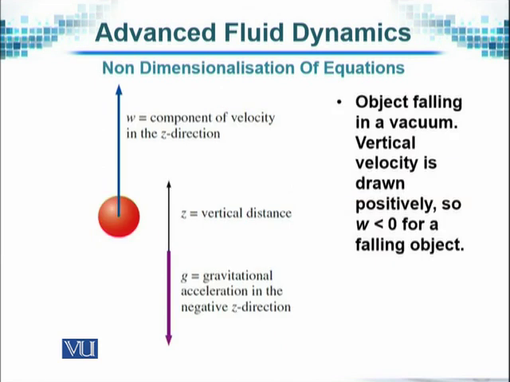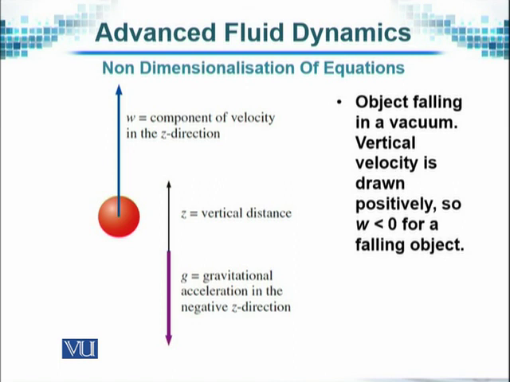The same thing is shown here in terms of pictures. The positive direction is taken to be the z direction, the upward direction, and that is the direction of the velocity. Since the gravitational force is acting downward, we have a minus sign there. If there is an object that is falling in a vacuum, you can see the picture as depicted here, and w has to be negative.